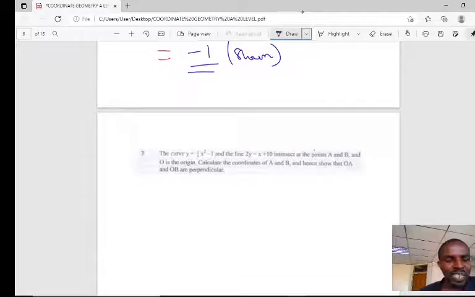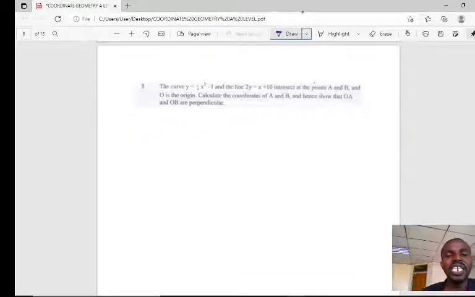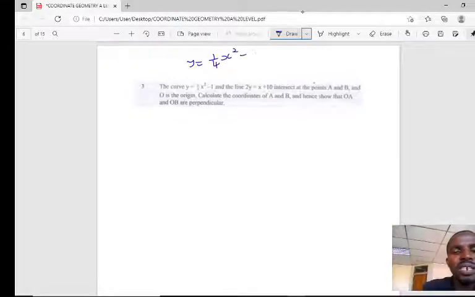Right. Question number 3. It reads, the curve y is equals to 1 over 4x squared. Please take note. It's y is equals to 1 over 4x squared minus 1. That's the equation of the curve.